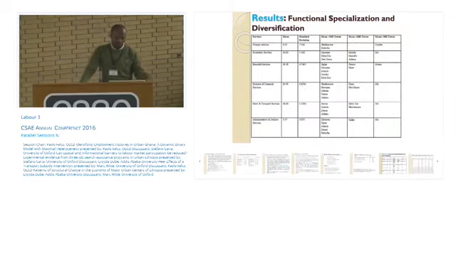So, results. Functional specialization and diversification. So we have services. Again, we have cities put to the left and to the right, meaning whether they lie in mean plus 1 standard deviation, mean plus 2 standard deviation, or mean plus 3 standard deviation. We see many cities lie in mean plus 1 standard deviation.